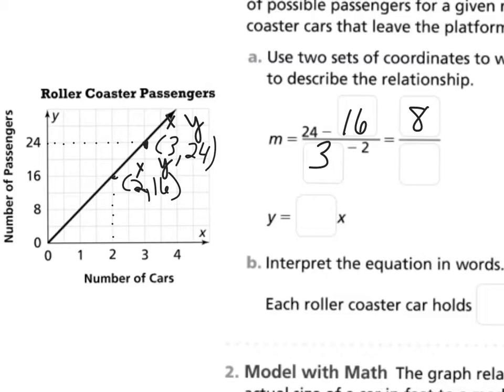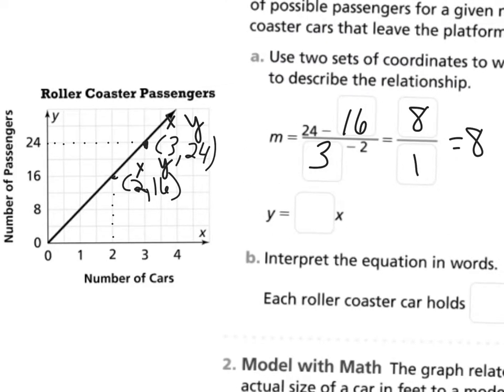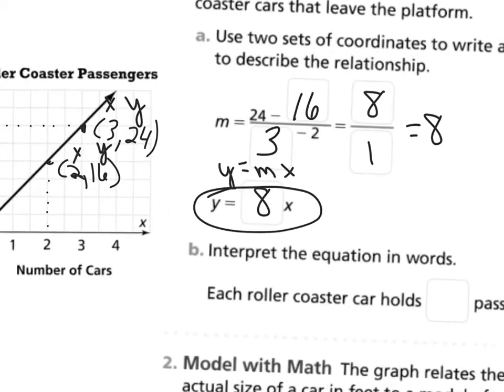If we subtract that, we'll get 8 over 1, which is the same as 8. So our equation would be y equals 8x. Remember, it's y equals mx. M is your slope. Once you find the slope, you just put it in front of x, and that's your equation at this point.